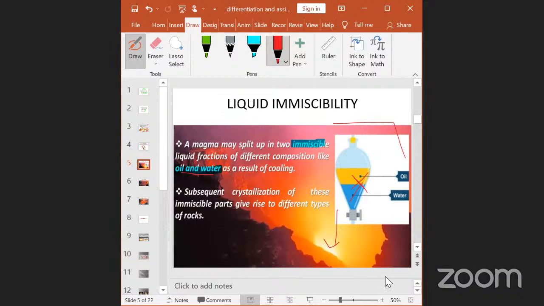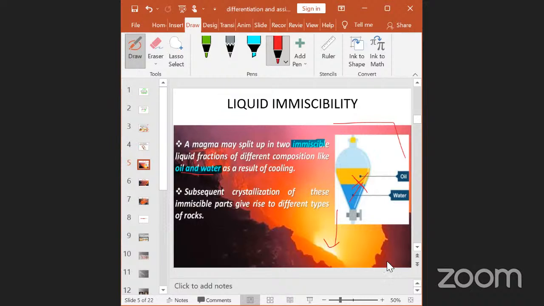A magma may split up into two immiscible liquids like oil and water, giving rise to different kinds of rocks. That is causing differentiation. A different kind of magmatic segregation involves liquid immiscibility, right?